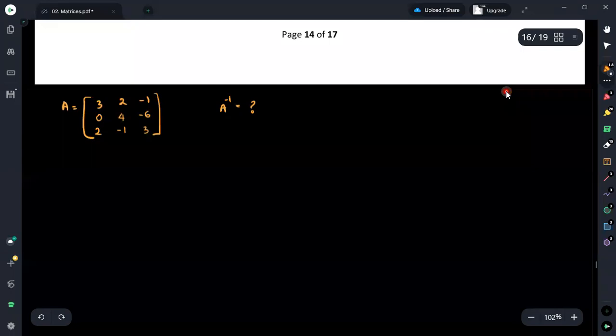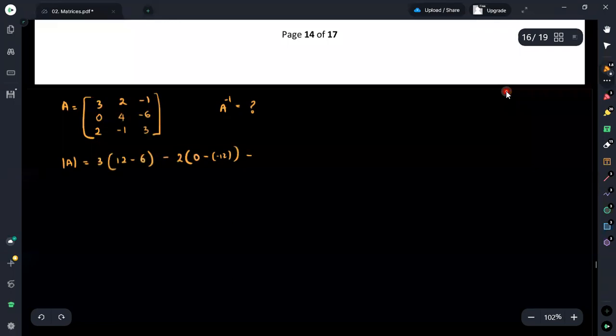To calculate this A inverse, first we need to take the determinant of this matrix. Therefore, we'll write it in here. It is now 3 times, if I cut down the row and column, 12 minus, it is minus 1 times minus 6, it is plus 6. Then with a minus sign, it is 2 times, values would be 0, minus, minus 2.